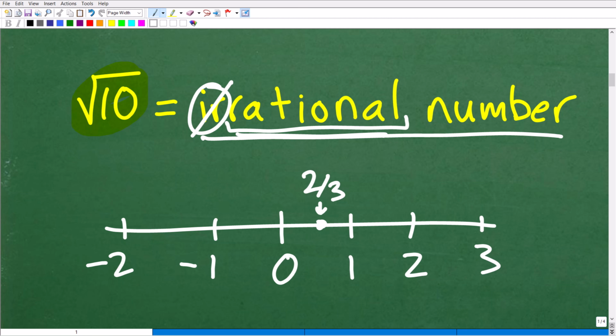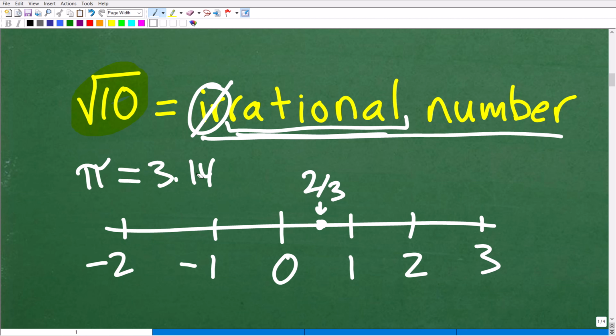So what's an irrational number? Well, it's a number that cannot be expressed as a fraction. All right, that's one way to define it. Another way to define it is a non-repeating, non-terminating decimal. So in other words, let's take pi, for example. Most of you might be saying, well, it's equal to 3.14.